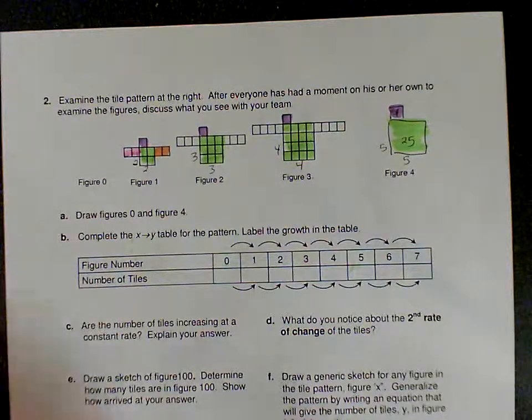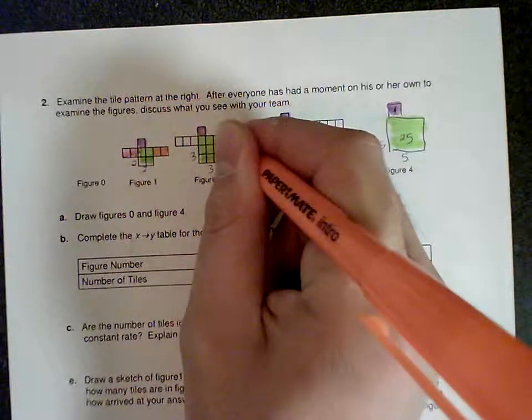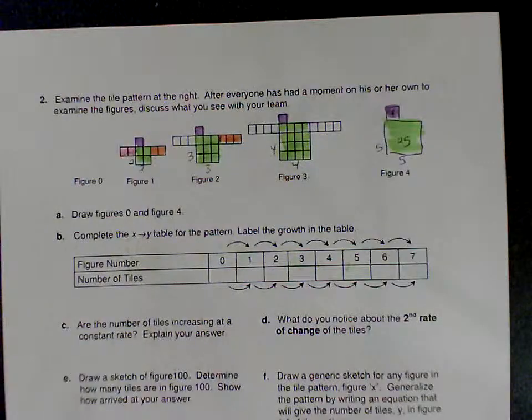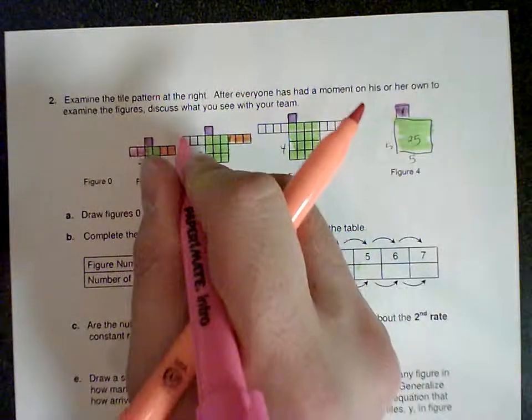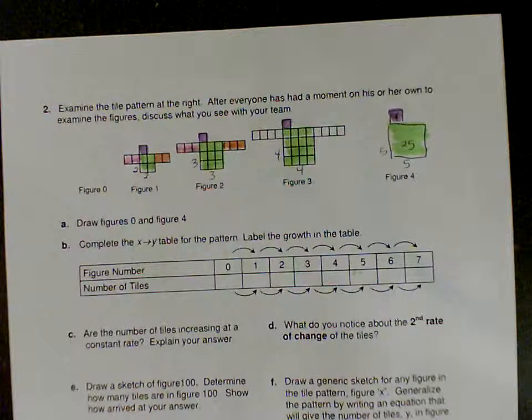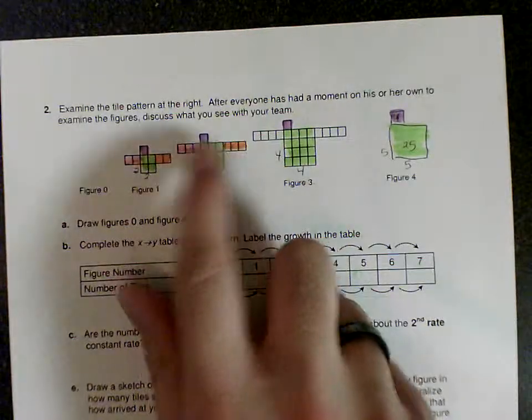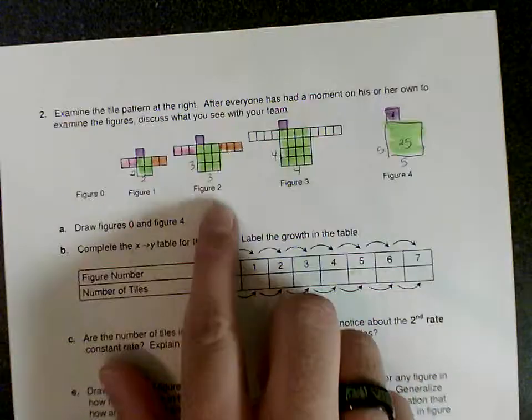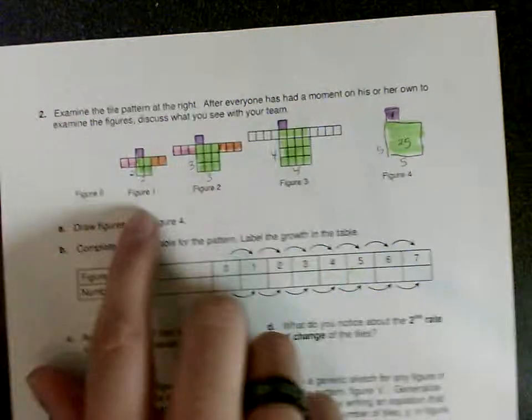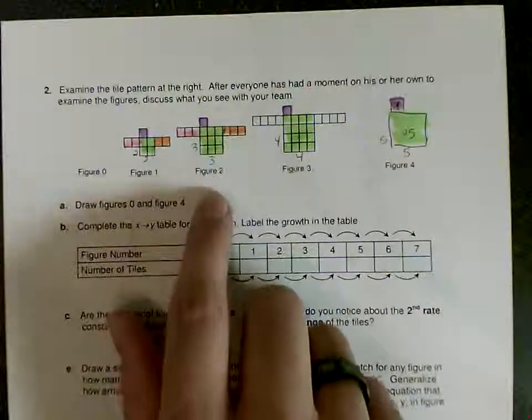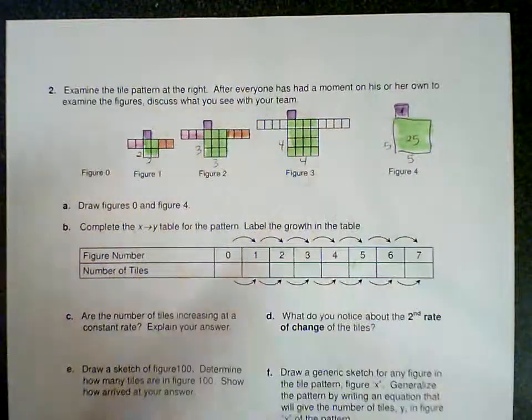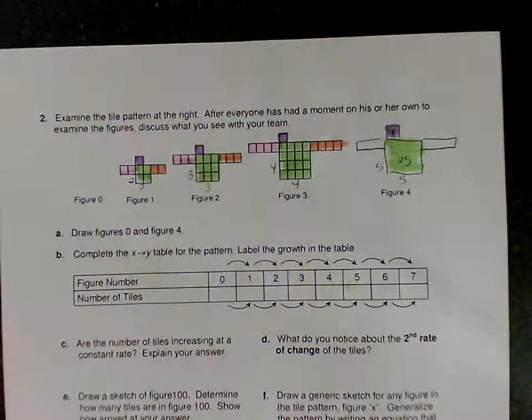So in figure 2, there's 3 tiles here and 3 tiles on the left side. Once again, we see that the number of tiles here is one more than the figure number again. So in figure 1, there's 2. In figure 2, there's 3. In figure 3, there's 4, and so on.